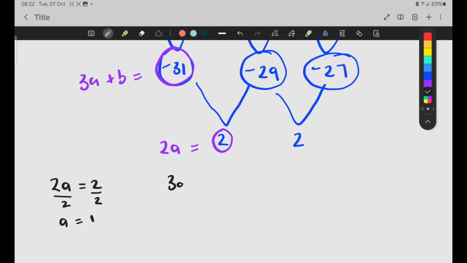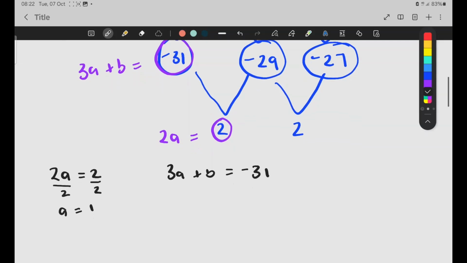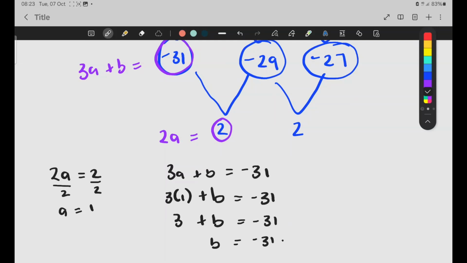Then 3a plus b is equal to negative 31. But a is 1, so I put the a in here and solve for b. b is negative 31 minus 3. So I get b to be negative 34.